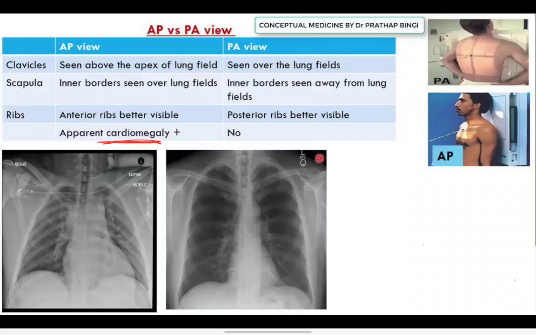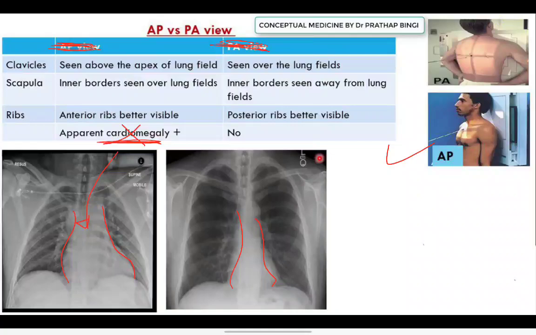We can assume that if we remove the markers, deleting the AP and posterior anterior labels, and we give you only the two X-rays, at once you saw this image, you can say that there is cardiomegaly in this one and no cardiomegaly in this one. But actually this is false cardiomegaly because of the position of the patient. In anterior posterior view, the heart is magnified.